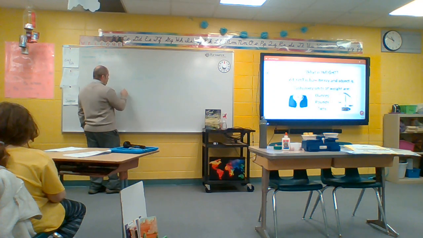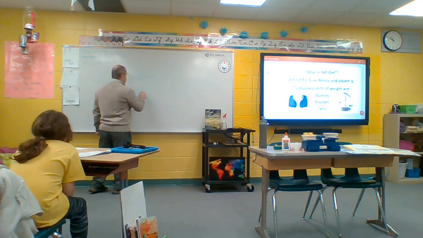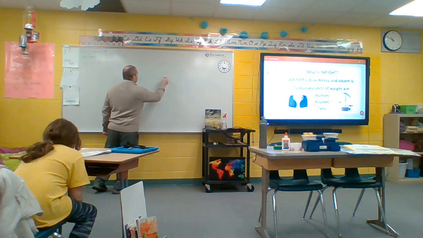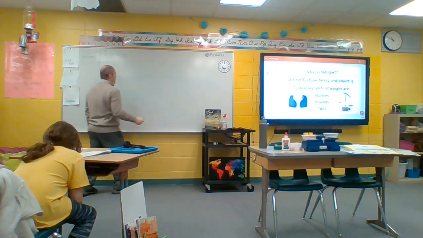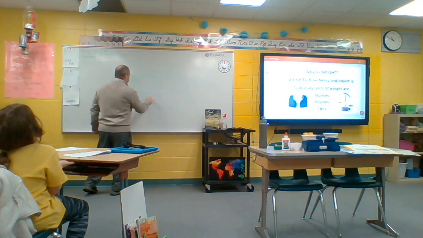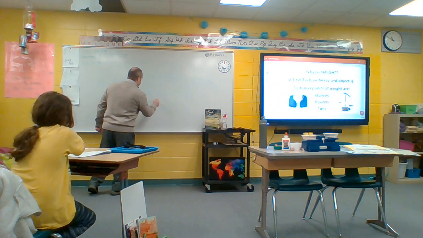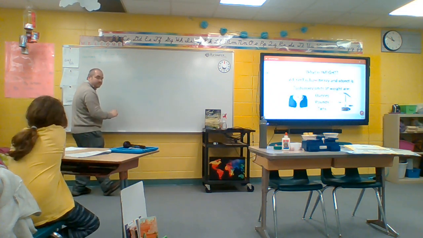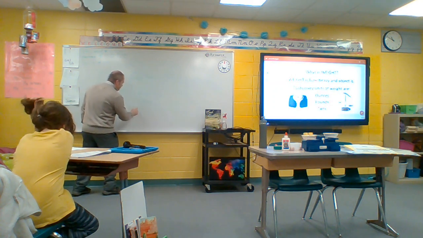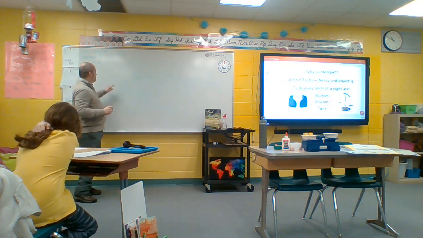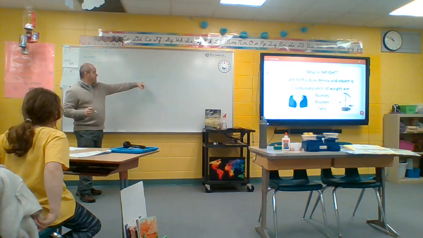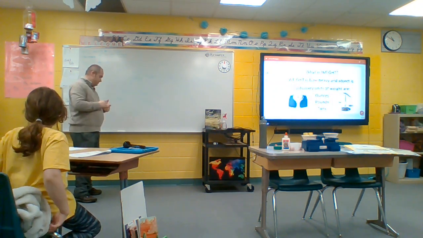So if 1 ton equals 2,000 pounds, then 1 divided by 2,000, 2,000 divided by 2,000 equals 1 pound, right? So if 2,000 pounds is 1 ton, then 1/2000th of a ton equals 1 pound. See how that works?